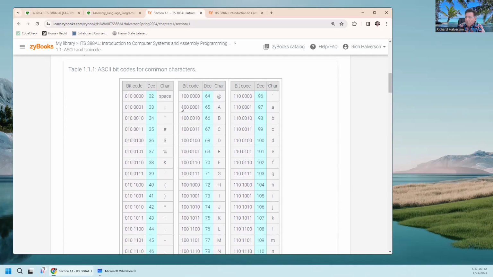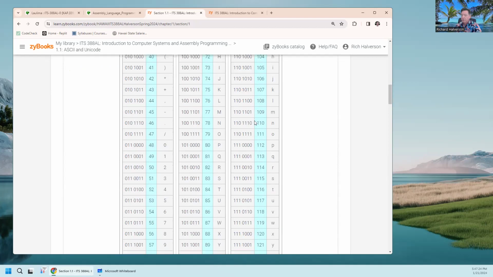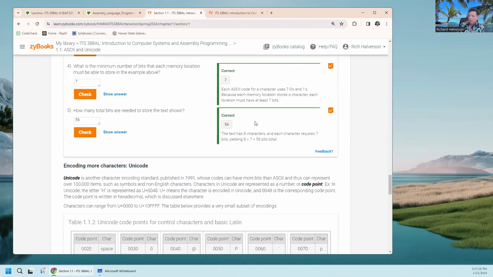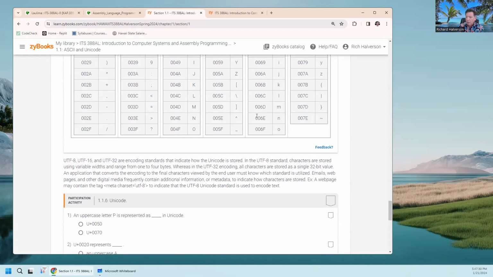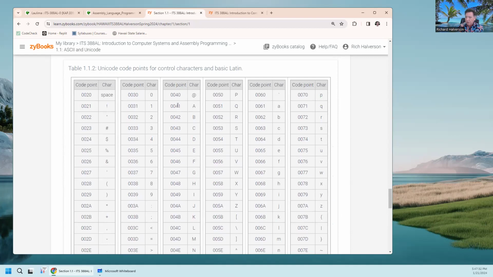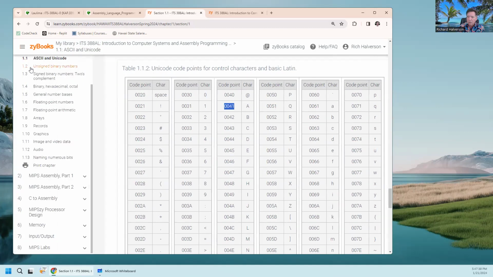Well, this is 4, and this is 1. Gee, they're confusing us already. Okay, anyway, this is displayed in hexadecimal. We will learn about that, I guess, in section 4.